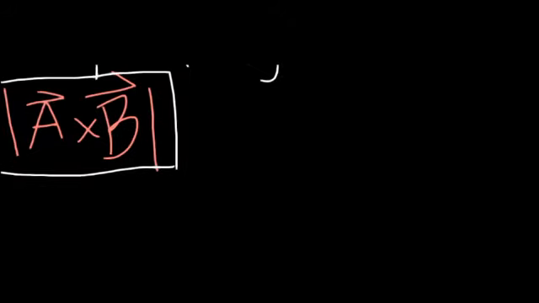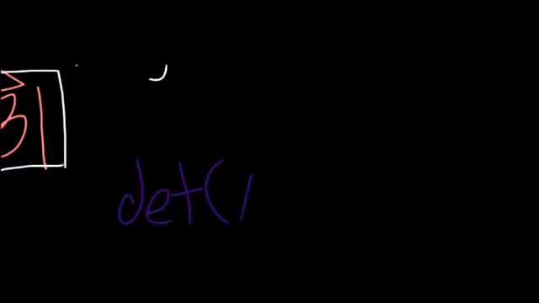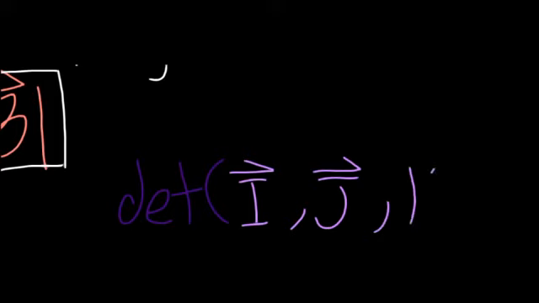So the determinant of three vectors, let's not call it a, let's call it I, J, and K for laughs and giggles.